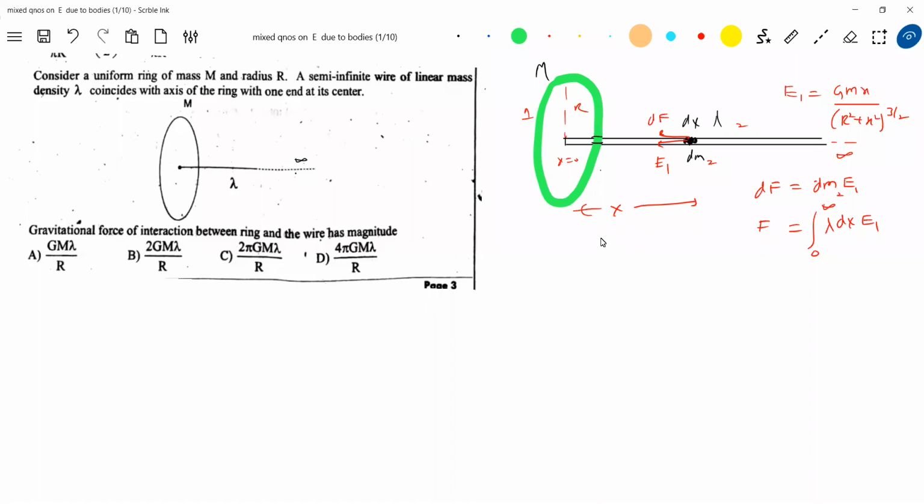Rod is having two fields, no? If you look at the rod, okay, if you can recollect here, at the location of the ring, this one. So there's a ring.